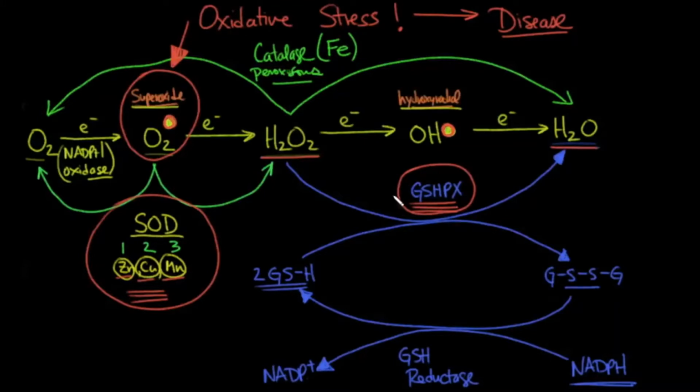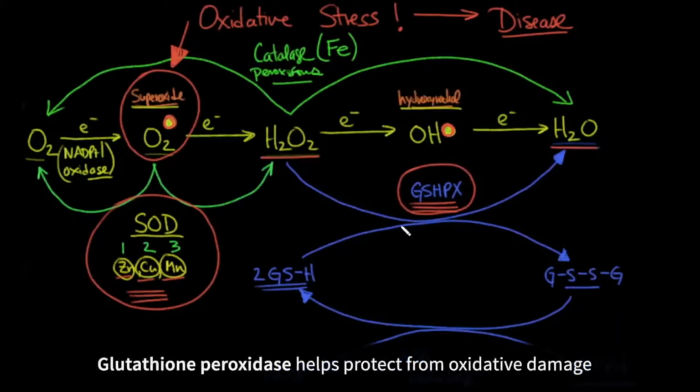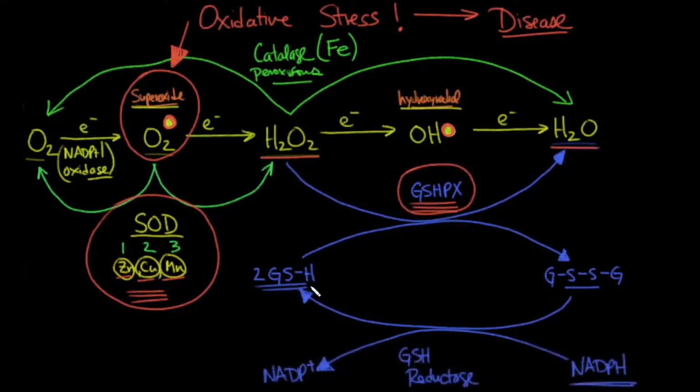And then finally, the one that we're going to talk a little bit more about is this glutathione peroxidase. And I want you to notice here that glutathione peroxidase takes glutathione, which is reduced, and it reduces the hydrogen peroxide and turns it into water, while it itself becomes oxidized into this disulfide bond, is what it's called. And so the sulfide attached to the hydrogen is the reduced form, and the sulfide attached to another sulfide is the oxidized form.